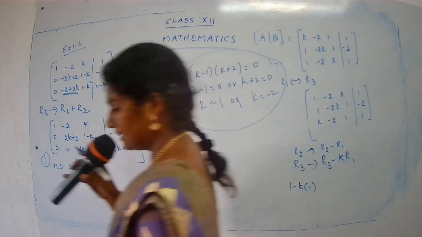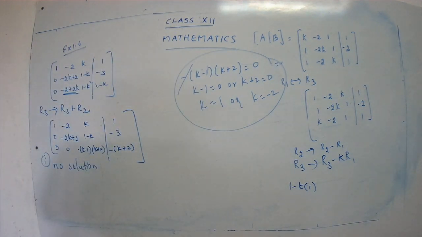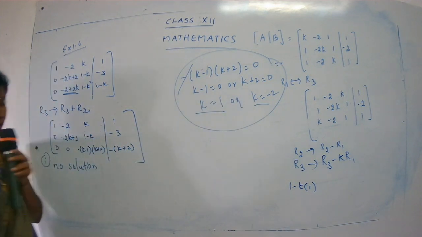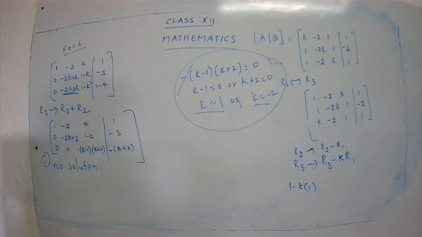For the first subpart, that is for no solution, I want the rank of A and rank of AB not equal to, they should not be the same, they should be different. I have told you, you have to choose between these two choices. You can take the value for K as 1 or you can take the value for K as minus 2.